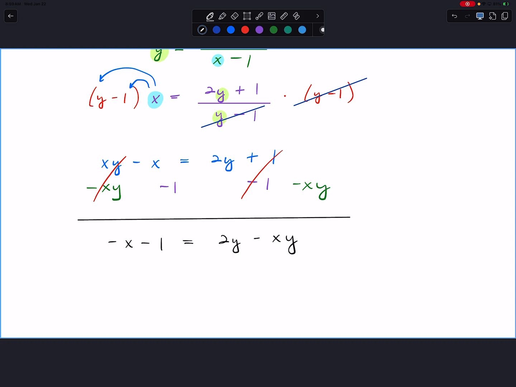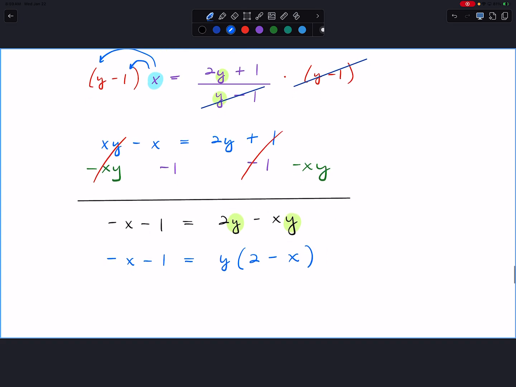Is everybody okay? So here's a question to you guys. How do I get y by itself? We're going to divide, but factor. Good, because they both have a y in common. Does that make sense? So because they both have a y, I can factor out the y. Okay? So negative x minus 1 is equal to y times 2 minus x.